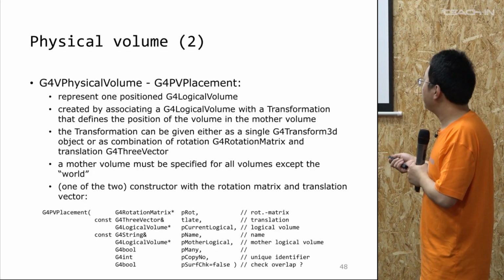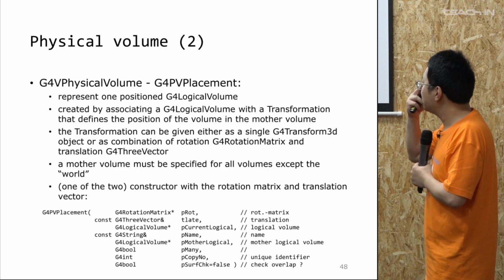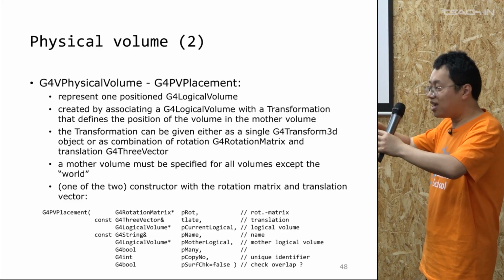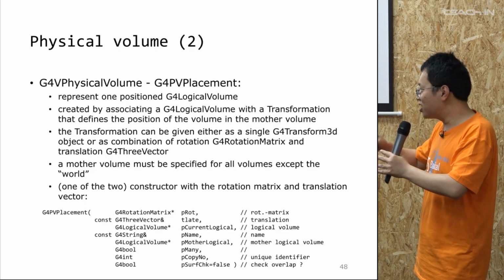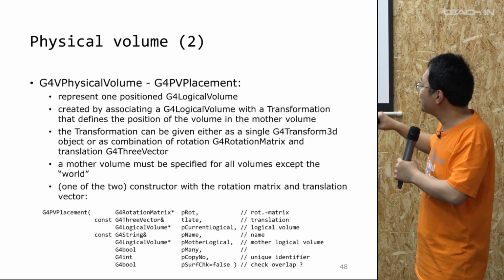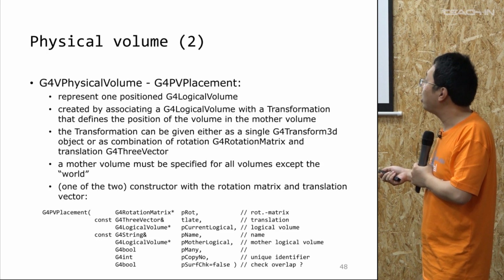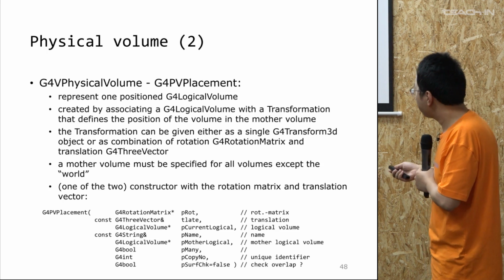So this is very important. And another thing is that for the daughter volume, the shape should be inside the mother volume. It should not be larger than this mother volume. So that's some requirement from Geant4.